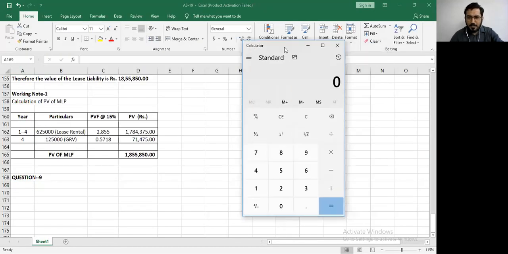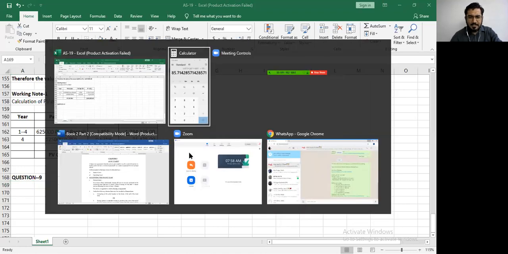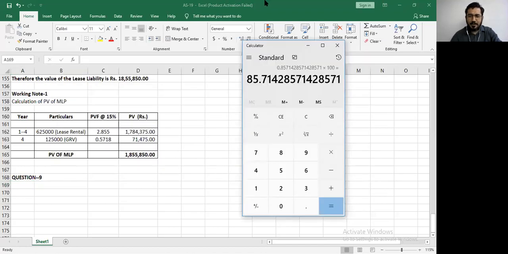You have 6 years as lease term divided by 7 years of useful life. You get 85.17. Since it exceeds the prescribed criteria, you will classify it as a finance lease. Everyone is correct when you say finance lease.